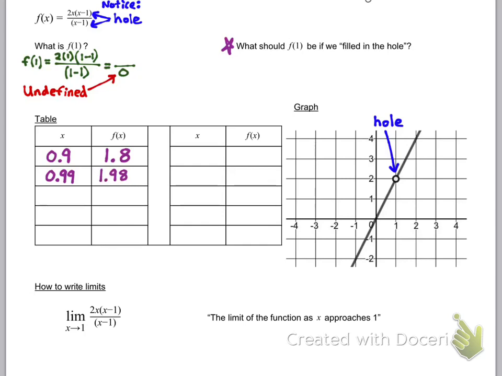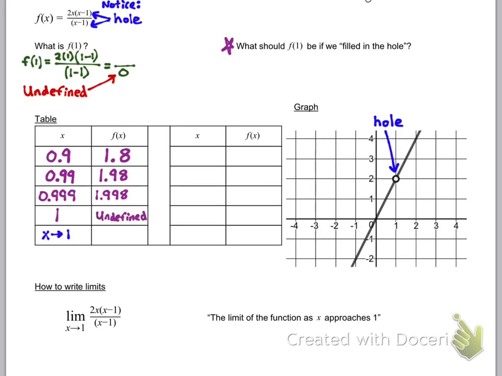If you plug that in, you get 1.98. And what if we plug in 0.999? You get 1.998. Hopefully it's obvious that this is getting closer and closer to our y value of 2. However, if you actually plug in 1, you'll get undefined.